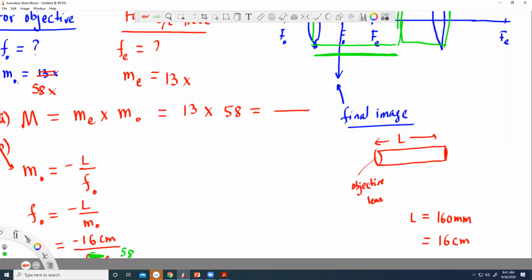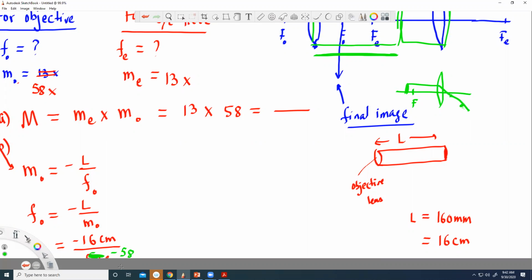A very important thing here is that this is a convex lens, and when the object is beyond the focal point it forms a real image. If it is within the focal point, it forms a virtual image. So it forms the real image on this side, and it would be inverted. That means this magnification needs to be negative.